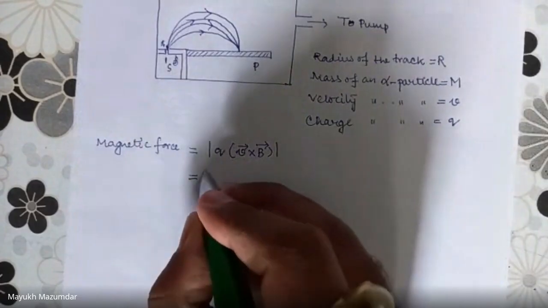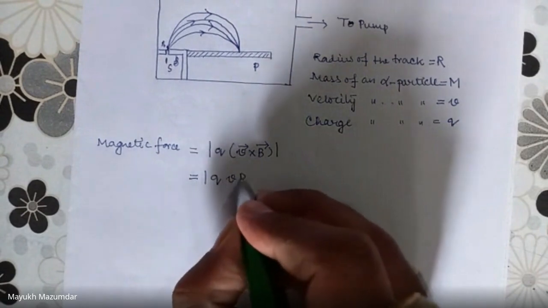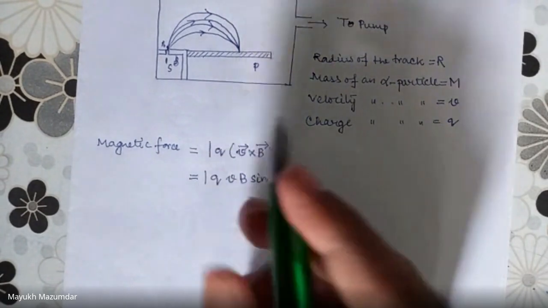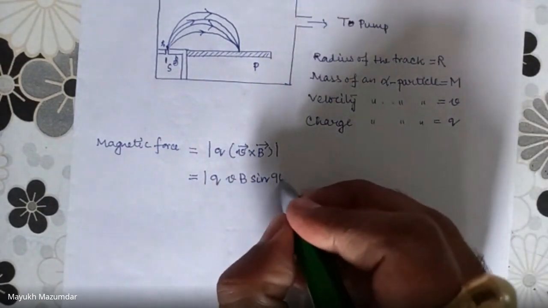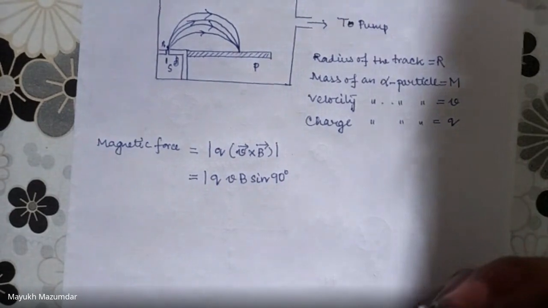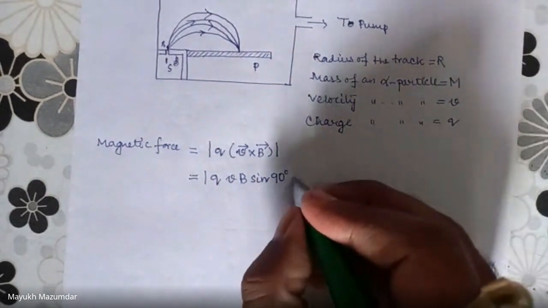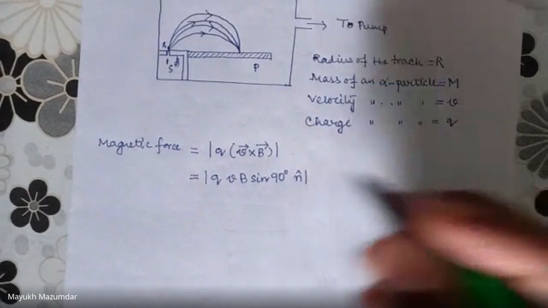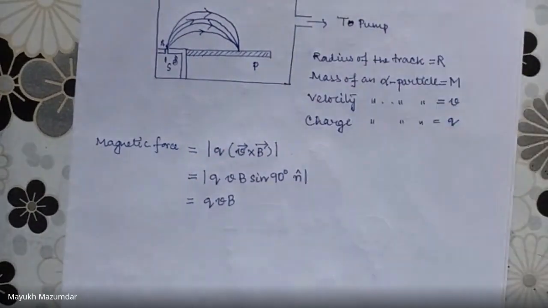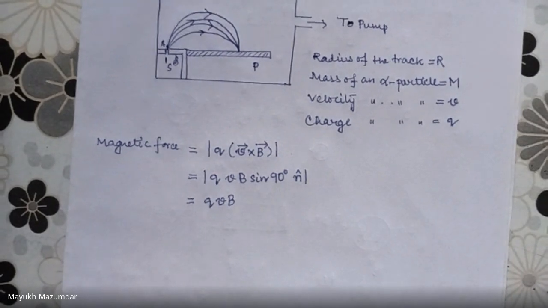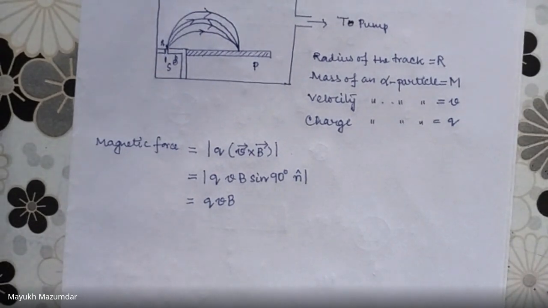So it is qvB sine theta, but here I have chosen the magnetic field such that it is at right angles to the direction of the outgoing alpha particles. And suppose it's along a direction in cap, say. So if I take the modulus, it would be nothing but qvB. So magnetic force is qvB. Got it? Yes, sir.